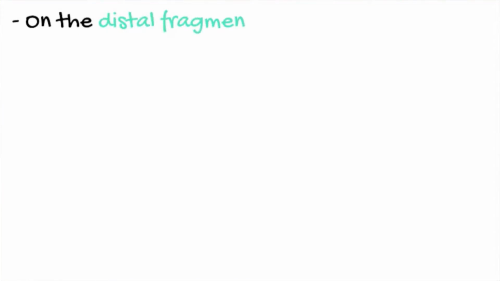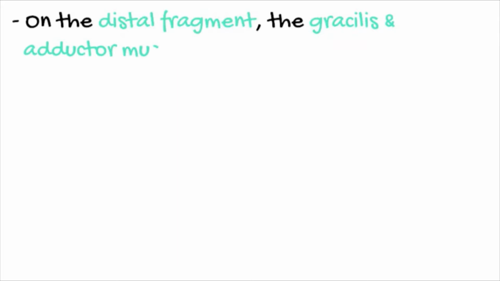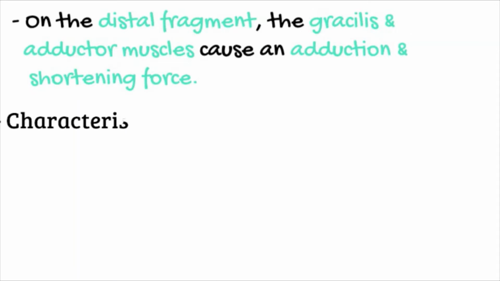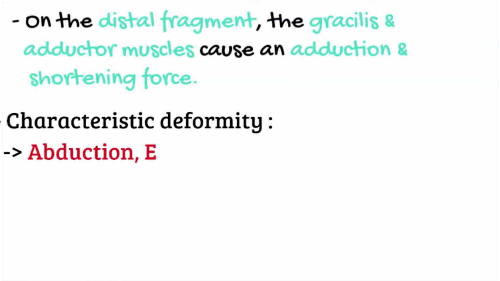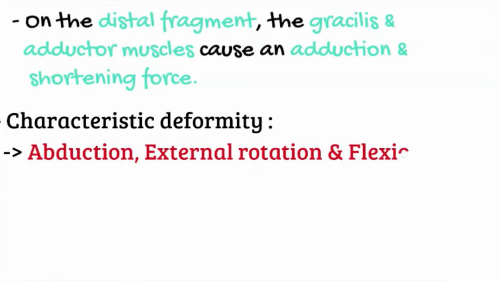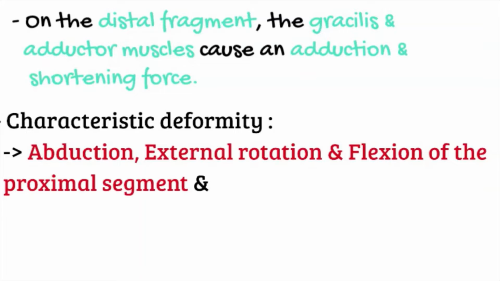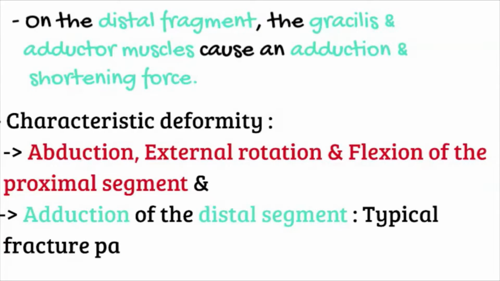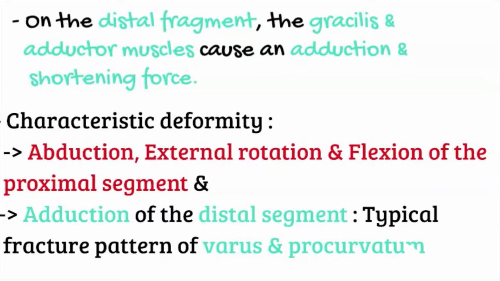On the distal fragment, the gracilis and adductor muscles cause an adduction and shortening force. The characteristic deformity, abduction, external rotation, and flexion of the proximal segment and adduction of the distal segment, is a typical fracture pattern of varus and procurvatum.